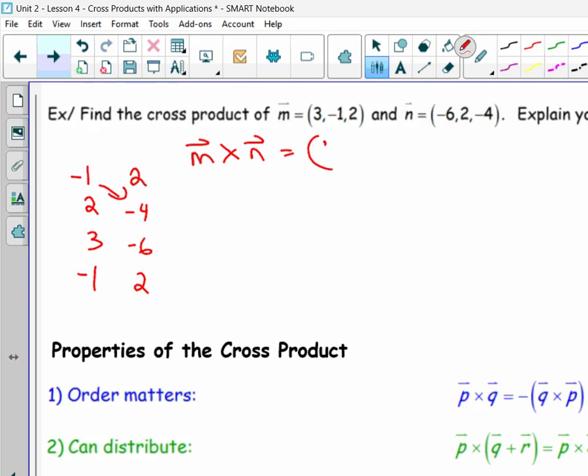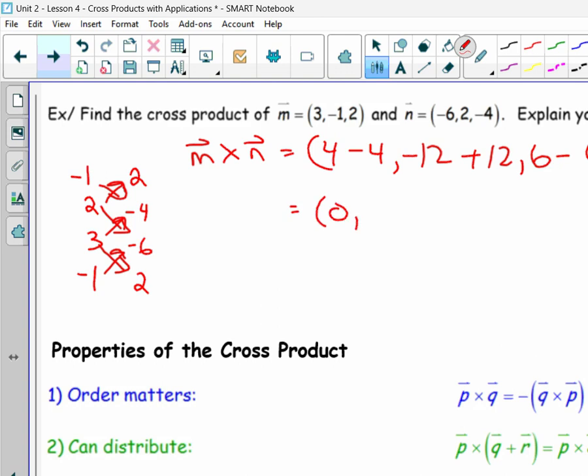Cross product, 4 minus 4. -6, -12, minus, minus a negative, so plus, it's also 12. 6 minus 6. Oh, what do we notice here? We get 0, 0, 0.